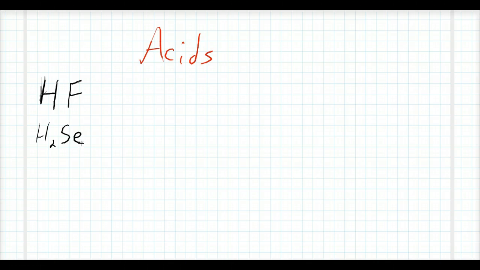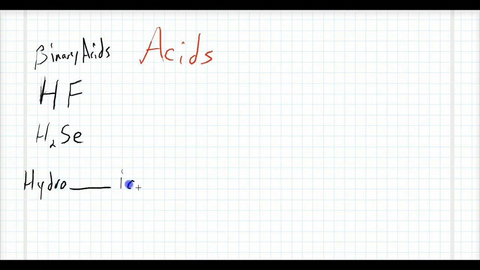These are called binary acids, and for our binary acids, the naming system is like such: hydro, blank, ic acid. Hydroblankic acid. And this works every single time.